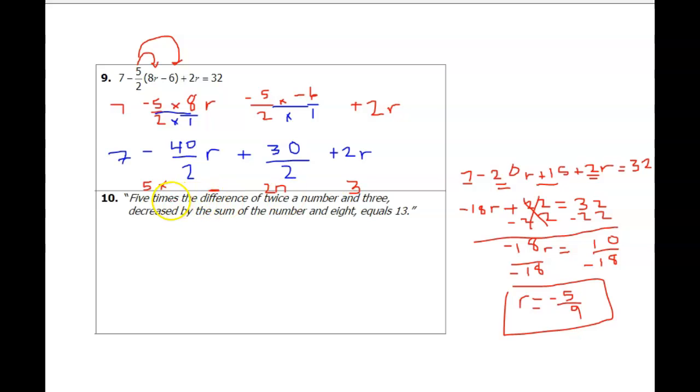So I think we have the first statement already. We're going to take 5 times 2n minus 3. So let's just write that out. I take 5. And remember, I use parentheses to show multiplication. Times 2n minus 3.